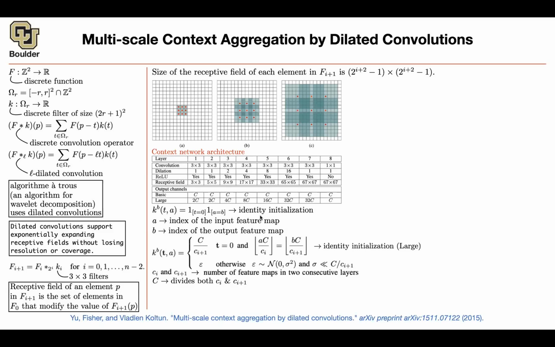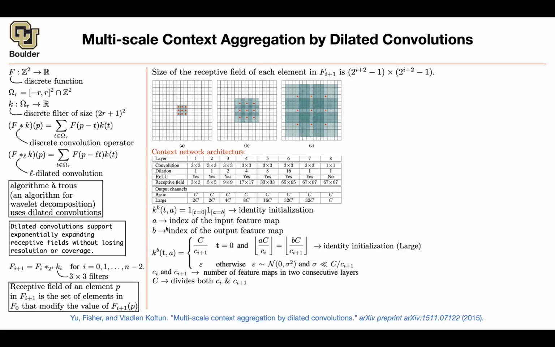So the question is, A, B, T are each tuples. T is a pair of integers from negative R to R. A is a scalar, B is a scalar. These are your matrix entries. T is a tuple, A and B are scalars, integers. Does that answer your question? It says here, though, that A is the index of the input feature map, and B is the index of the output.